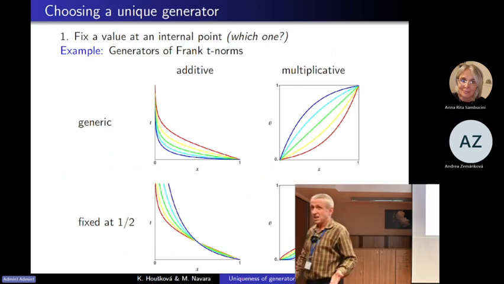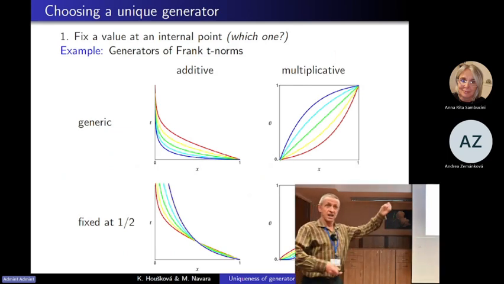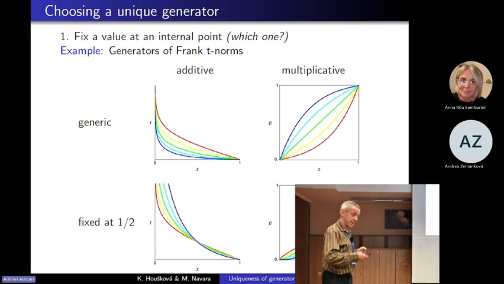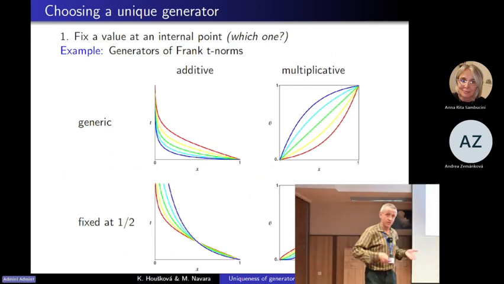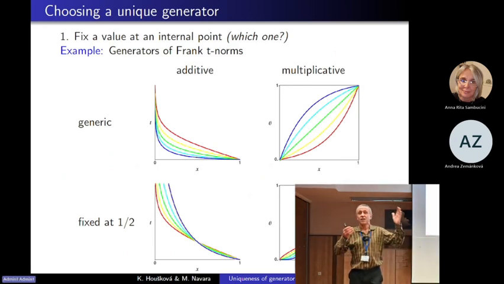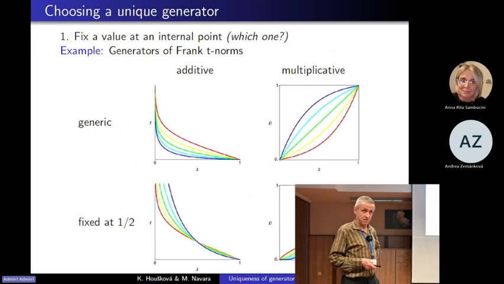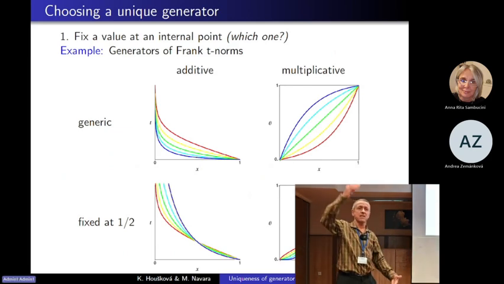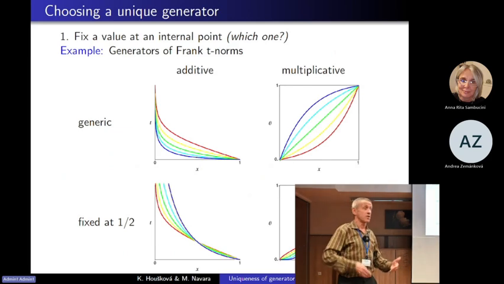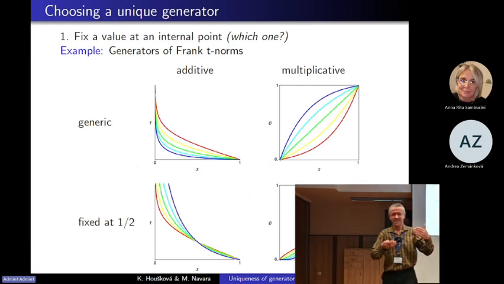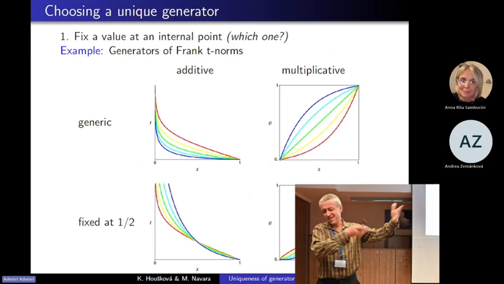For instance, you may ask whether the generator is convex. There are many results of Ghizali-Ricci and Fodor about t-norms with convex additive generators. Convexity of an additive generator is not a problem because it's preserved by multiplication. For the multiplicative generator, there is nothing like that, because when you switch to another one, you lose it.